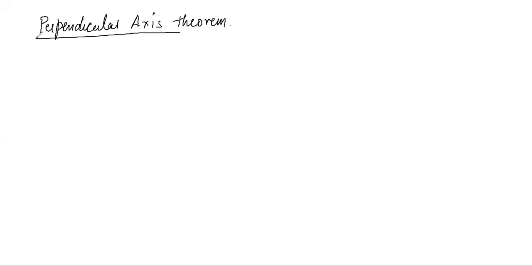So let's understand, or let's see what is perpendicular axis theorem. This is your perpendicular axis theorem, right? So let's take up the same example. So this is your rectangle.